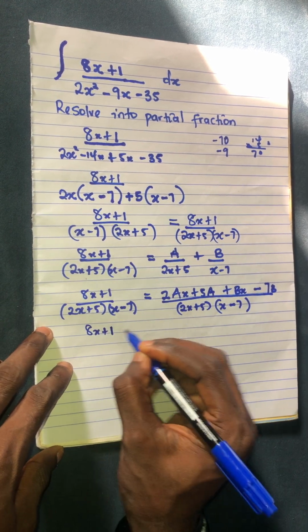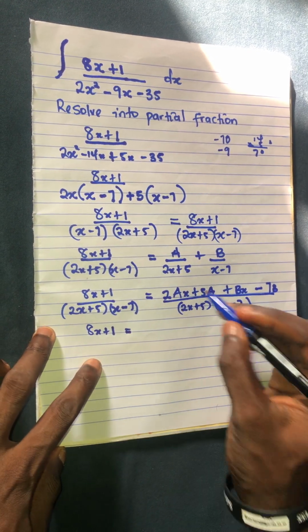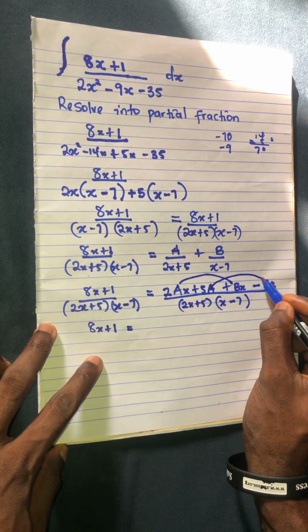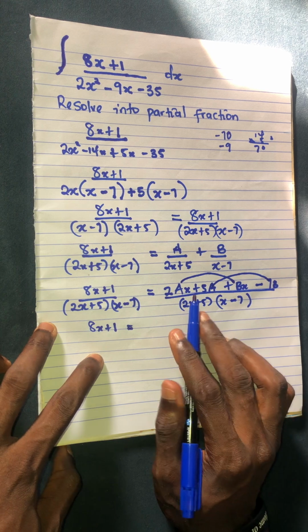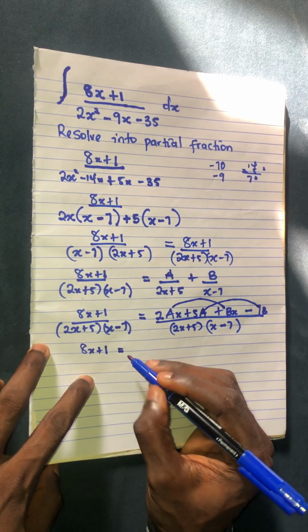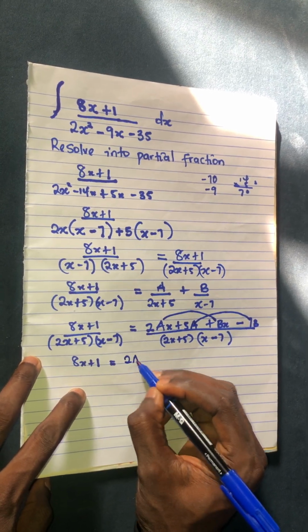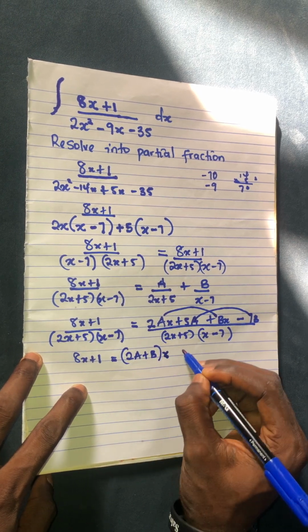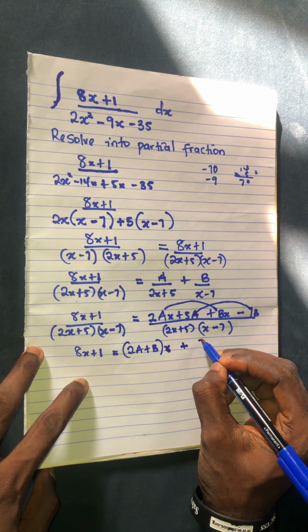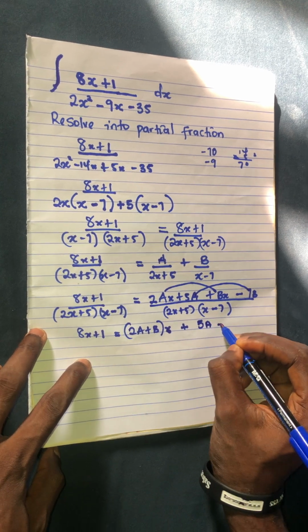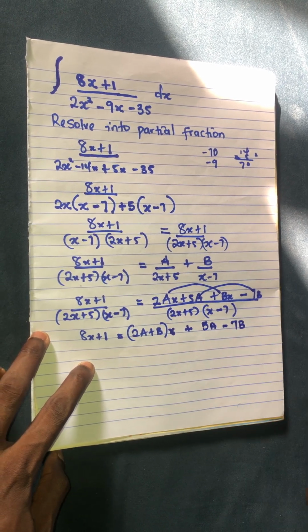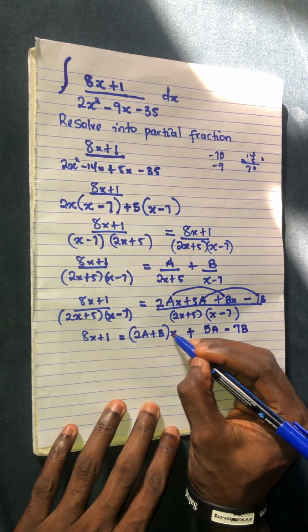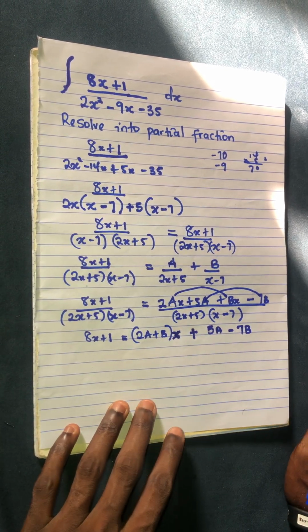So the next I'll do is 8x plus 1 should be equal to, I'm going to move this and this to connect. Now this has a common x, so I'll say 2a plus b bracket x plus 5a minus 7b. Why? Because I want to factor out something.